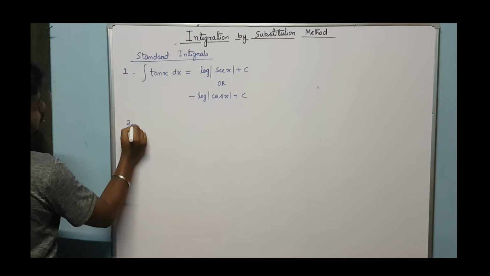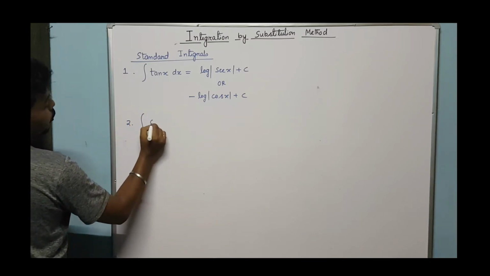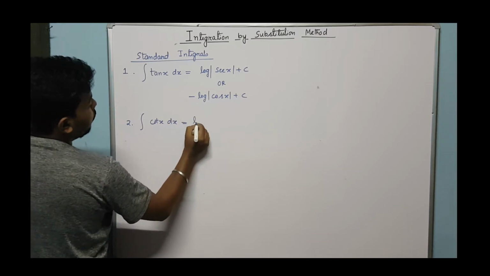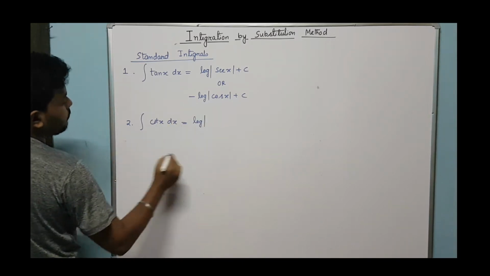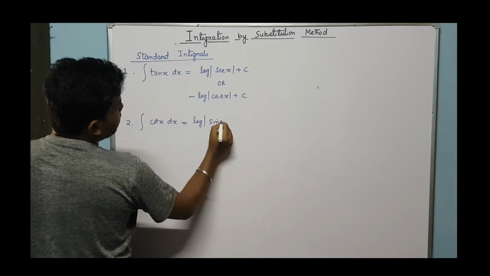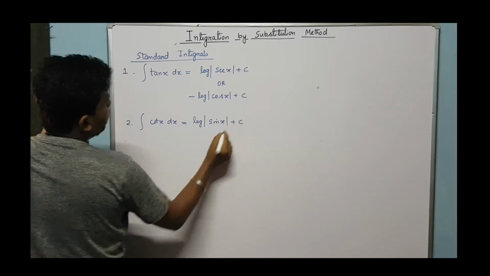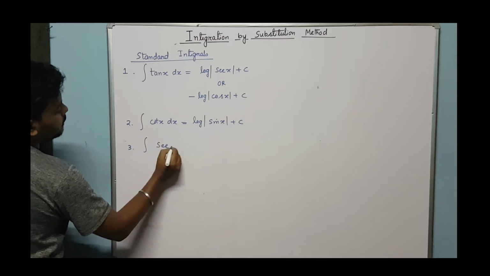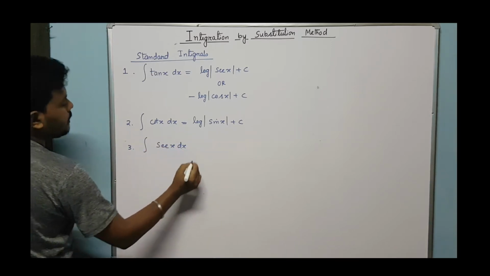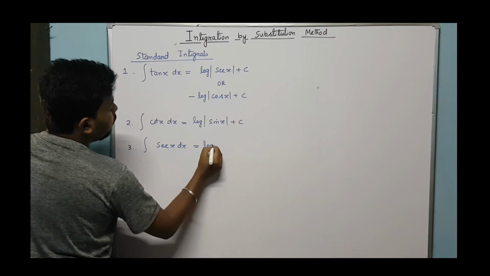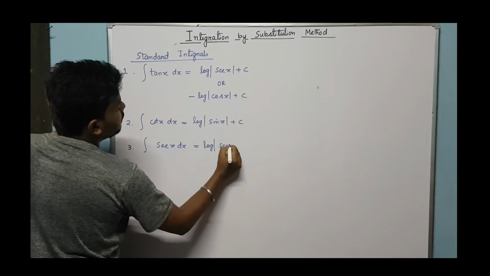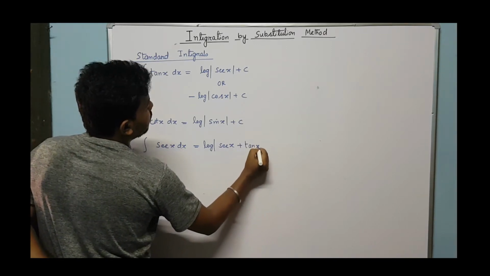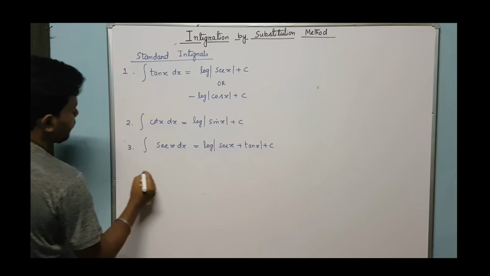Number 2, integration of cot x dx is equal to log of mod of sin x plus c. Number 3, integration of sec x dx is equal to log of mod of sec x plus tan x plus c.